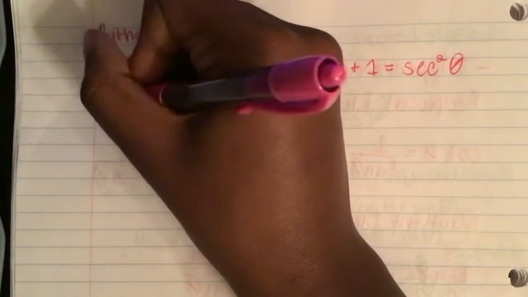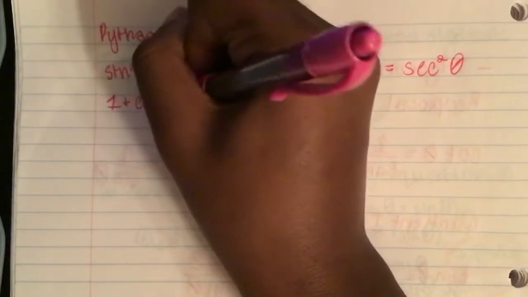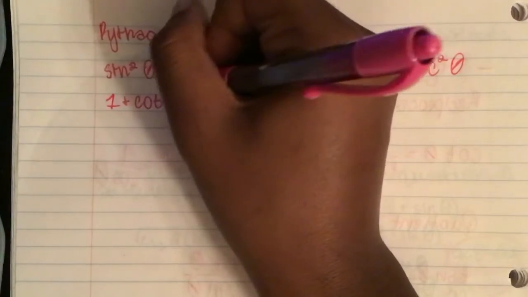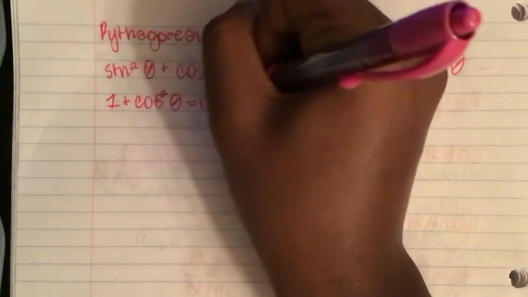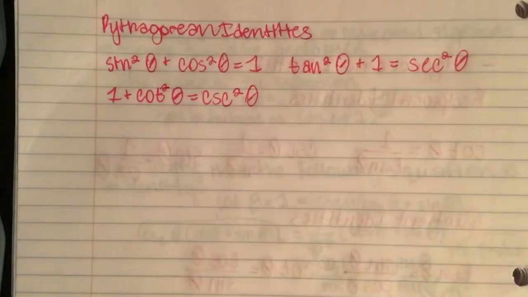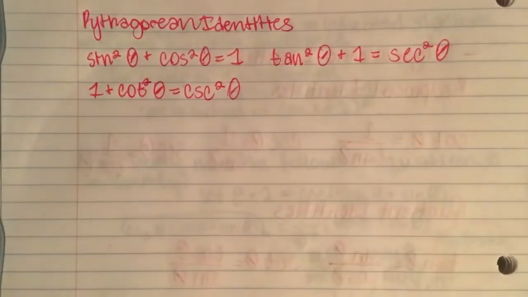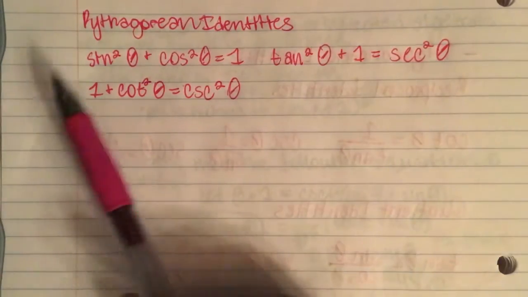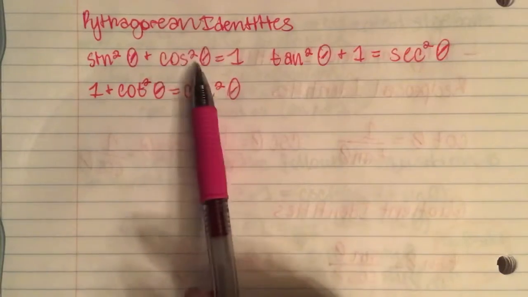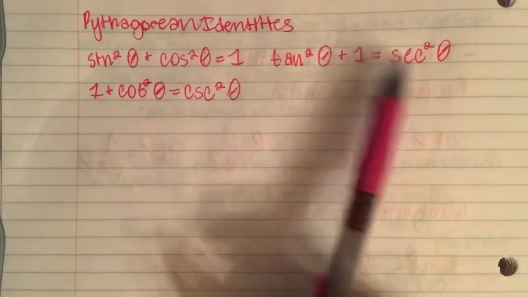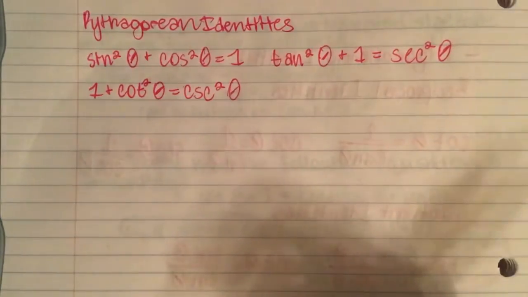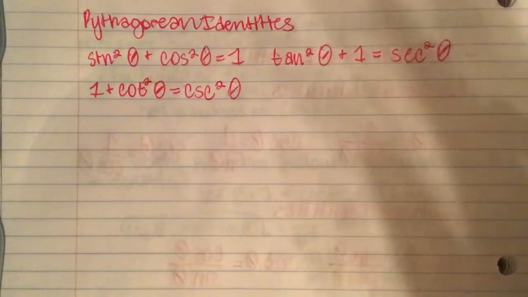And then our last one here is 1 plus the cotangent of theta squared equals the cosecant of theta squared. So as you see here, things get a little different because it's not our usual sine and cosecant and cosine and secant, so that might get a bit confusing, but these are Pythagorean identities.